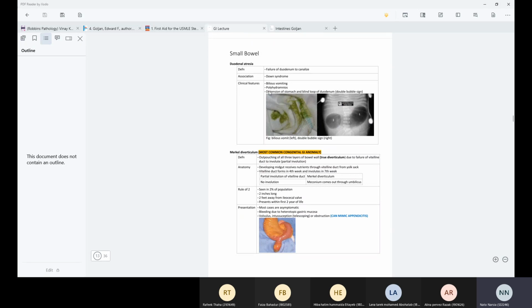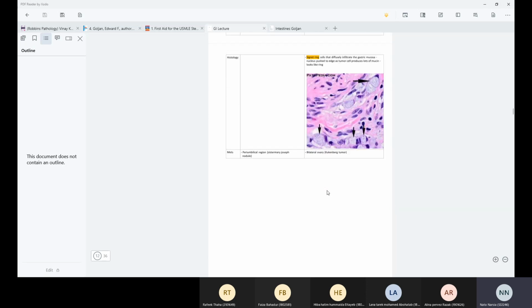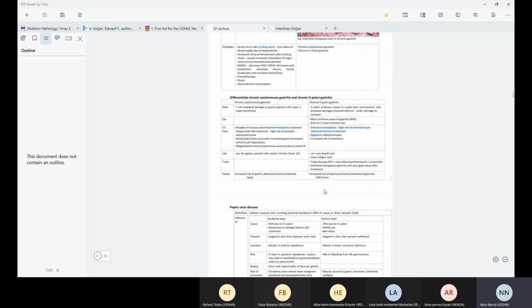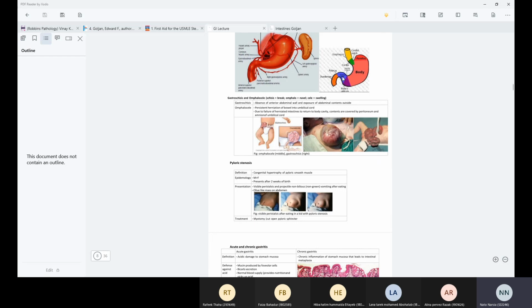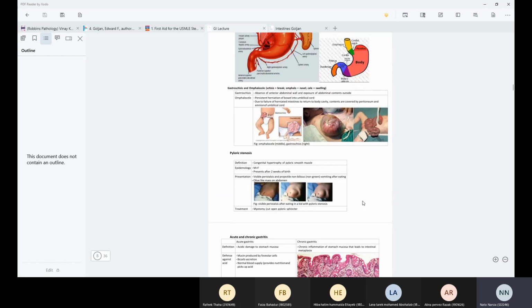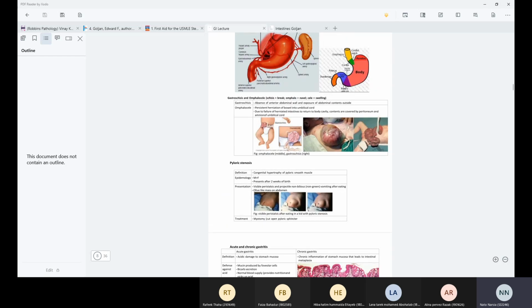In duodenal atresia, you will find bilious vomiting, and in pyloric stenosis you will find non-bilious vomiting, because bile is in the duodenum, and in this case food stops here and cannot pass to the duodenum. So again, after 2 weeks you start vomiting, you feel this olive-like mass, non-bilious vomiting, and there is male predominance.